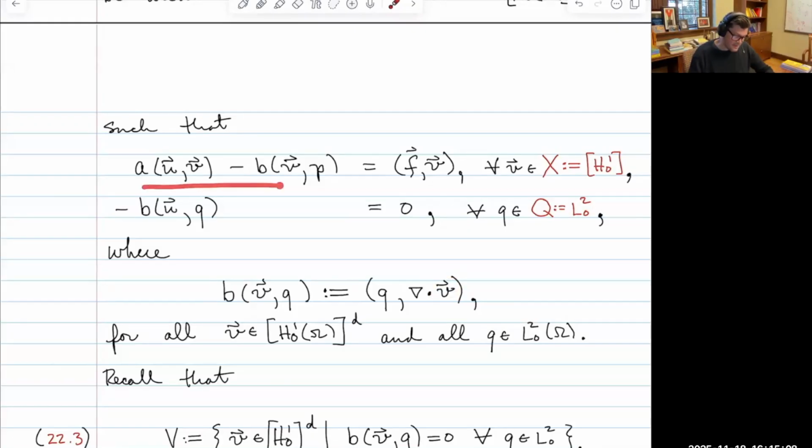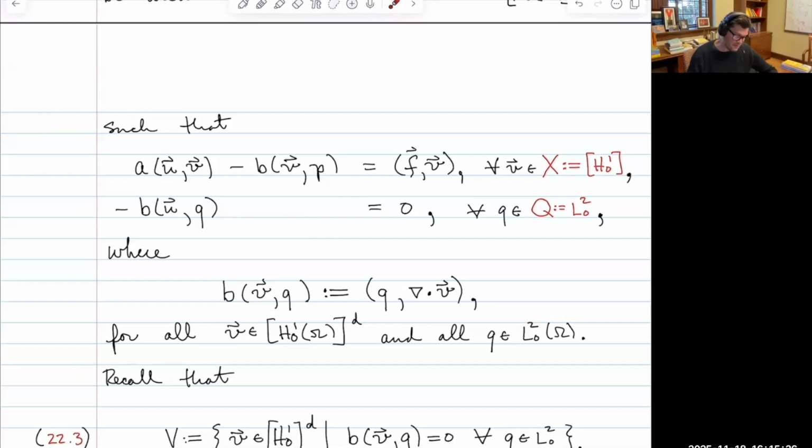So clearly this is the first equation in our weak form. What about the second equation? For the second equation, all we're going to do is multiply by a test function q and integrate. We don't need to do any integration by parts. Because of the way this is defined, this B(u, q) means the L2 inner product of q against the divergence of u.